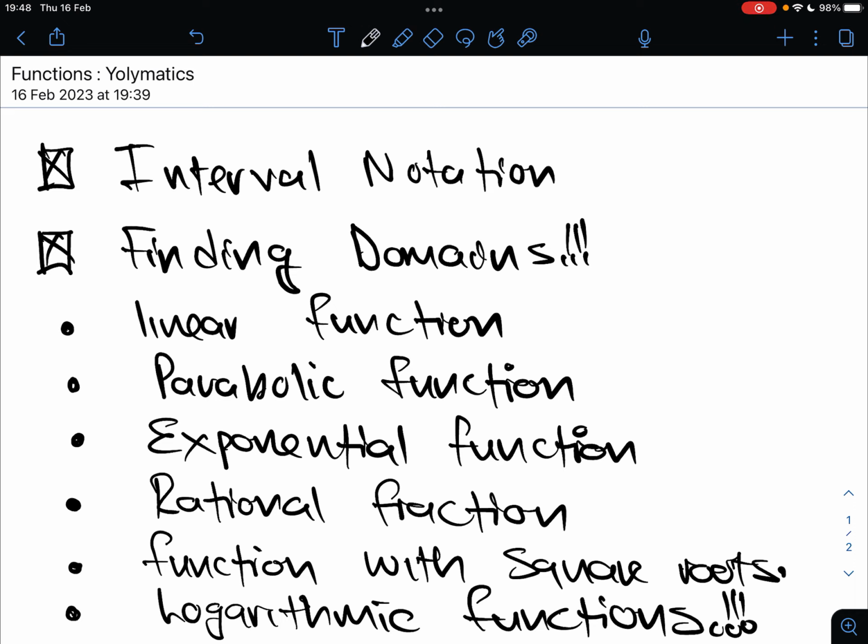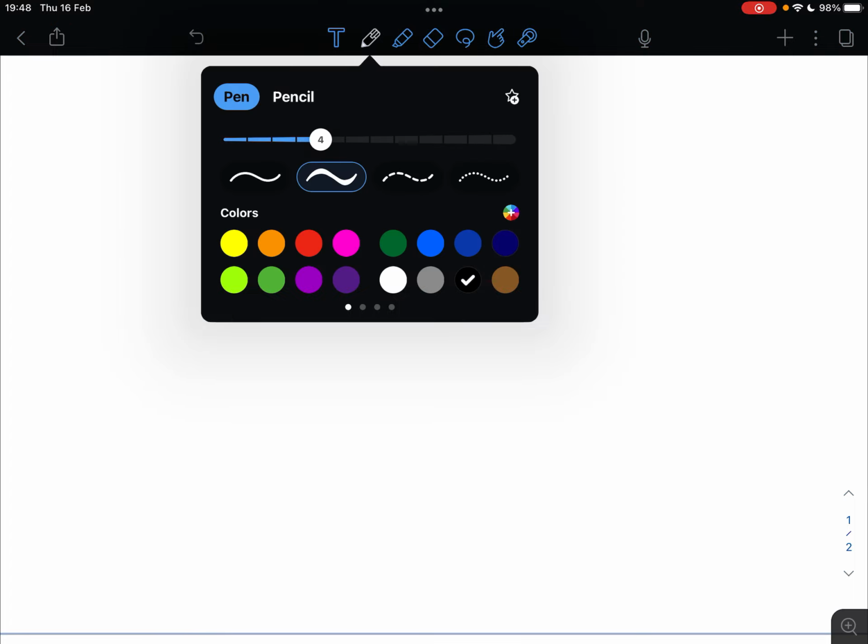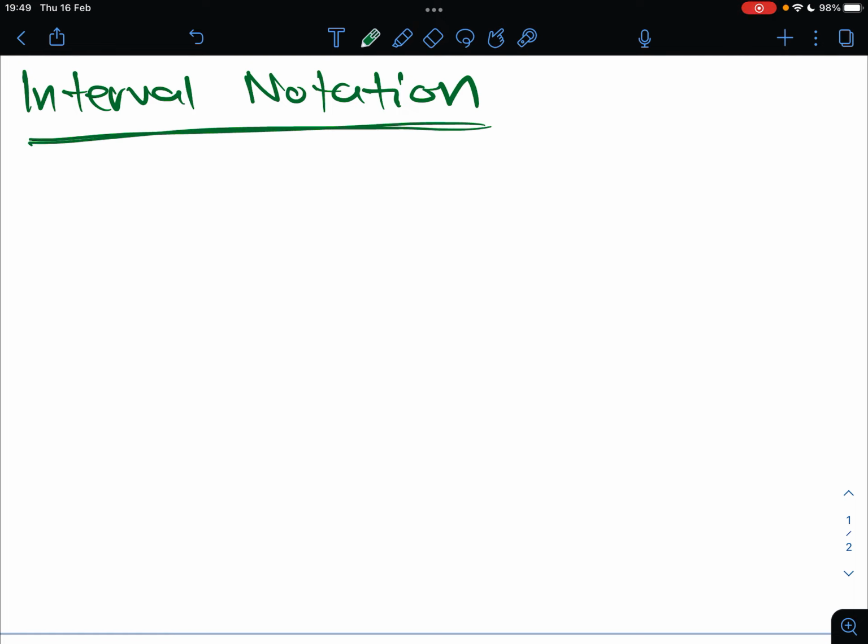Okay, first things first, we are going to start looking at the interval notation. So what exactly is the interval notation?